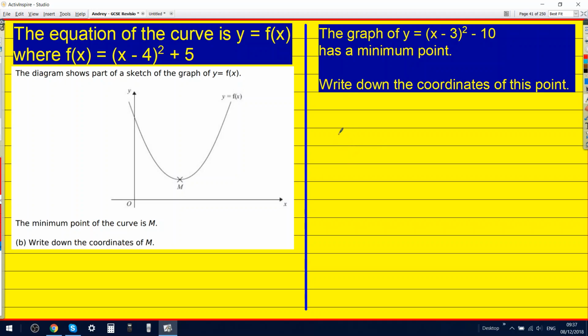No. So the x minus 4 squared. What's the smallest value you can get from that? You can sub in a value for x and test it out. So what's the smallest number you can make with x minus 4 squared if you were to sub in a value for x?